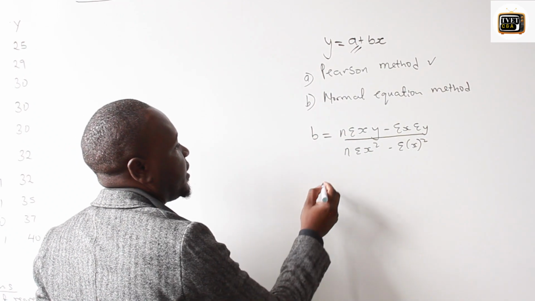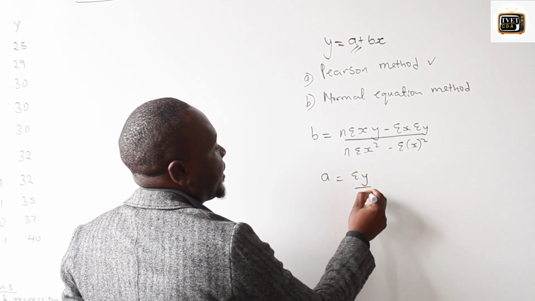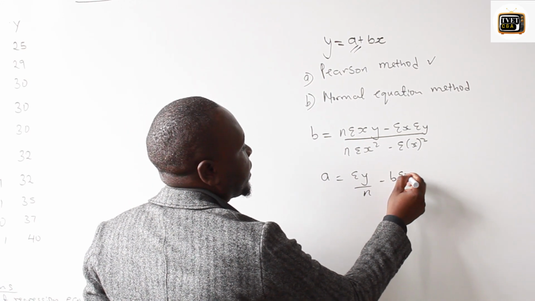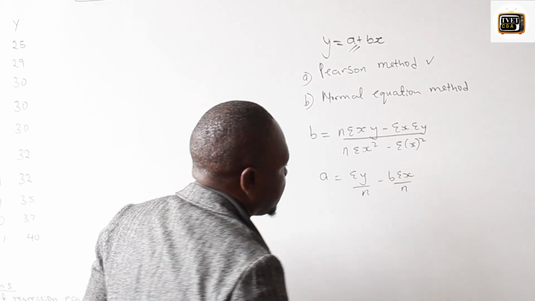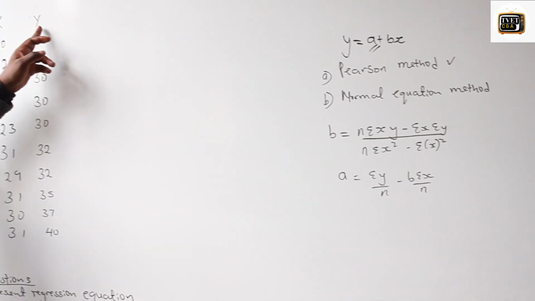For you to find the value of a, it is equal to summation of y over n minus b times summation of x over n.